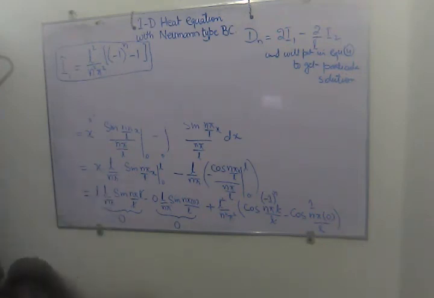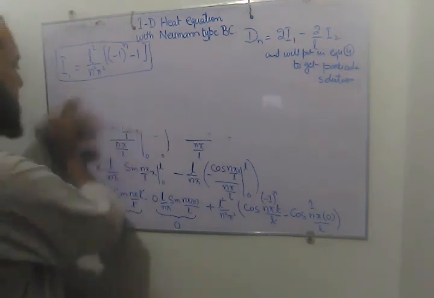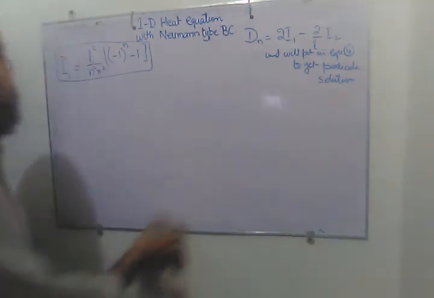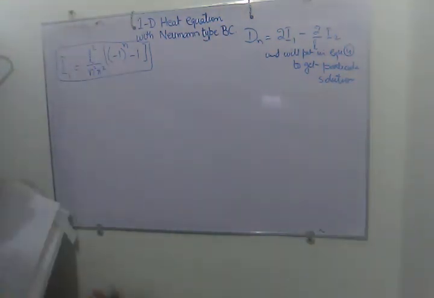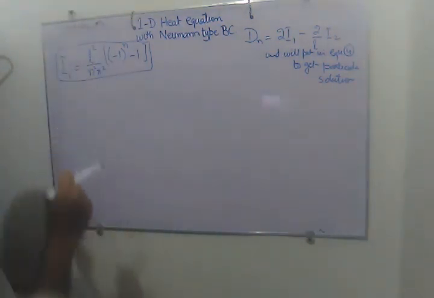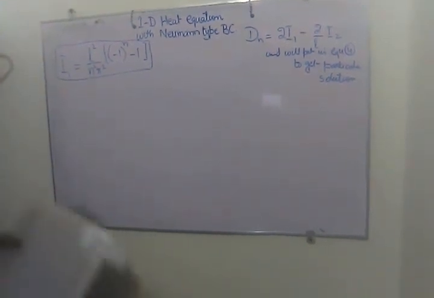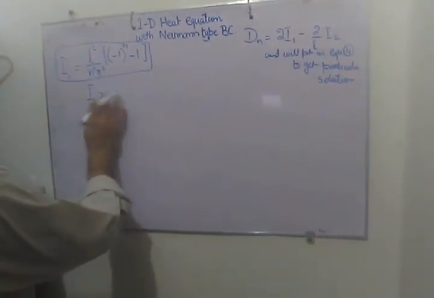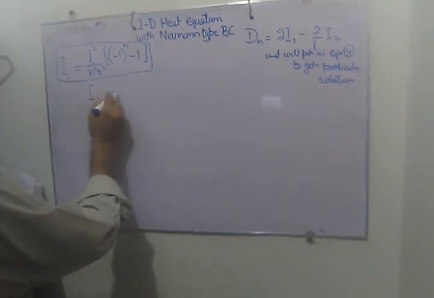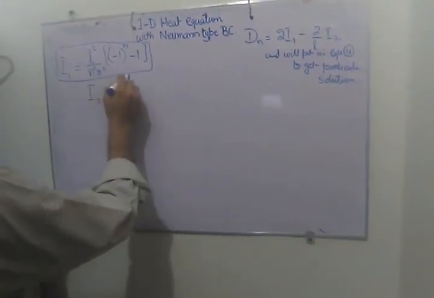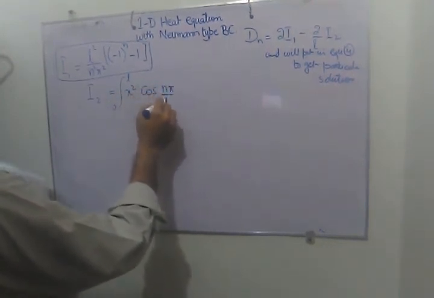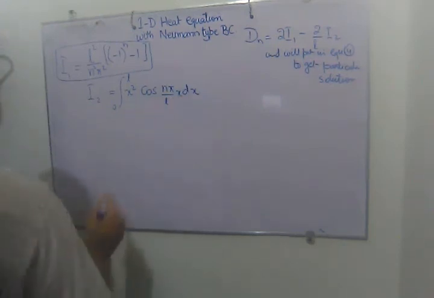Now we solve for I2. So I2 is equal to integral 0 to L x square cos n pi upon L x dx.